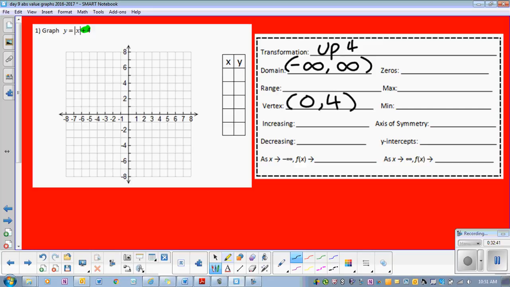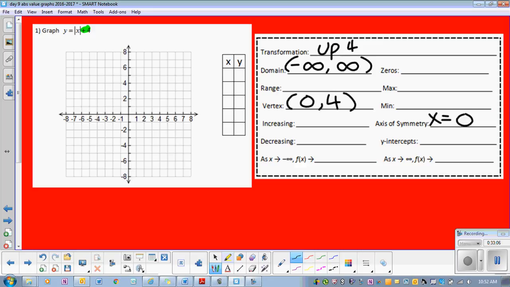We can put this in the calculator and you'll see where the vertex is too, okay? Now, since I know the vertex, what's my axis of symmetry? X equals 0, good. Oh my goodness, look at that. We already have it, and we didn't even graph it, right?